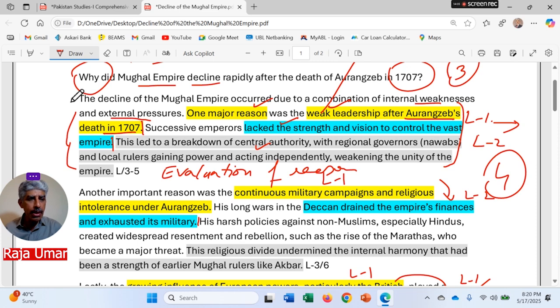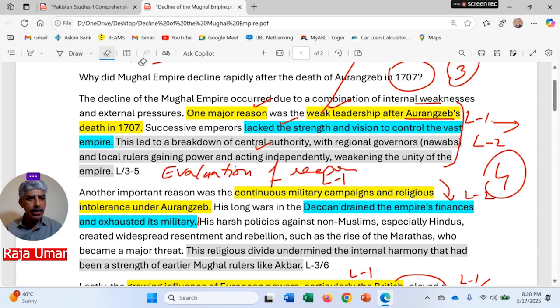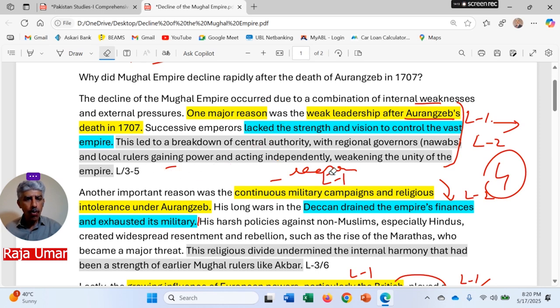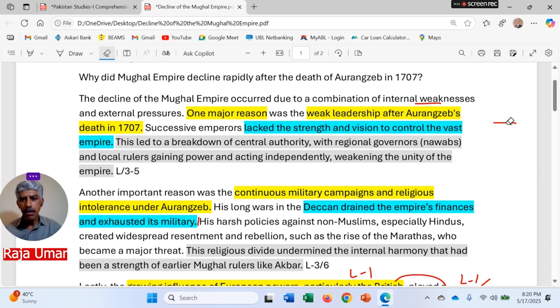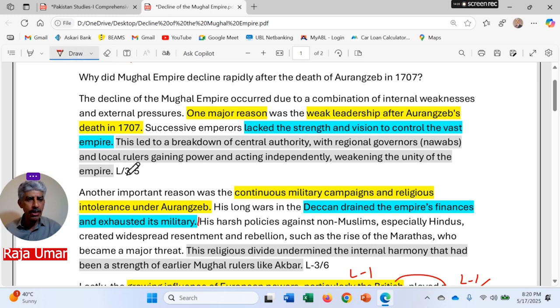So it means that if a student writes this much, one reason, I mean one yellow, one blue, and one gray, he will be able to gain 5 marks. You can see that right at the end of the paragraph, I have mentioned level 3, 5 marks.